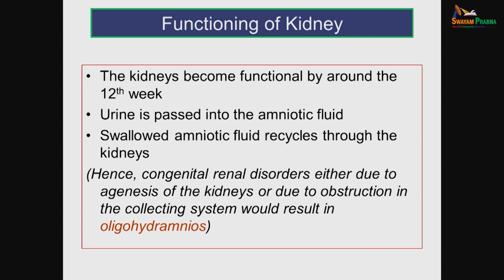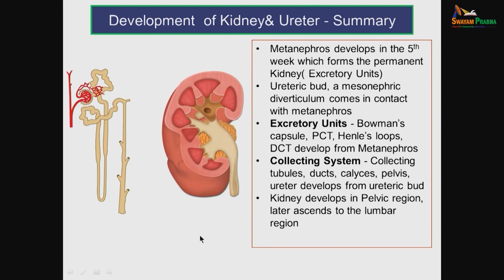This is because the kidneys become functional by the 12th week and urine contributes to the amniotic fluid, which is swallowed by the fetus and recycled through the kidney. So congenital renal disorders can result in oligohydramnios. This is about the functioning of the kidney.